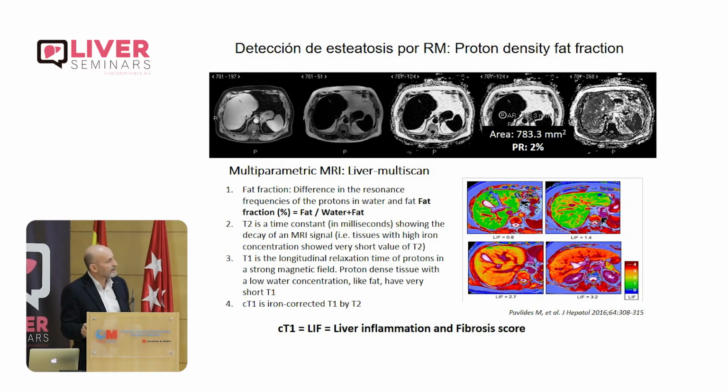The second protocol is the liver multi-scan, also a multiparametric magnetic resonance image. In this liver multi-scan, they do a T1 corrected by T2.